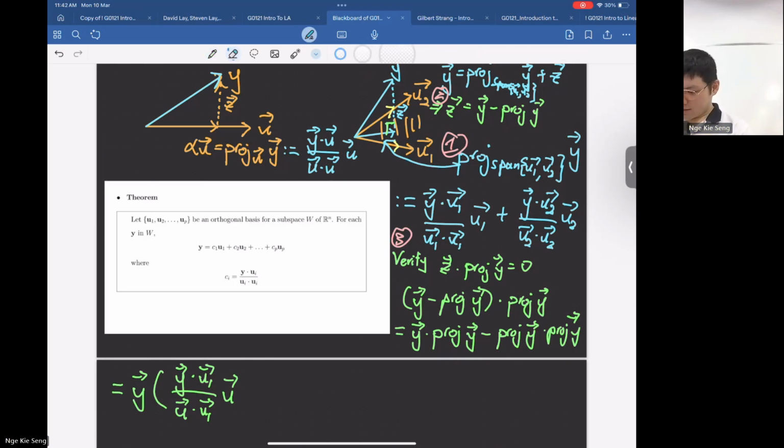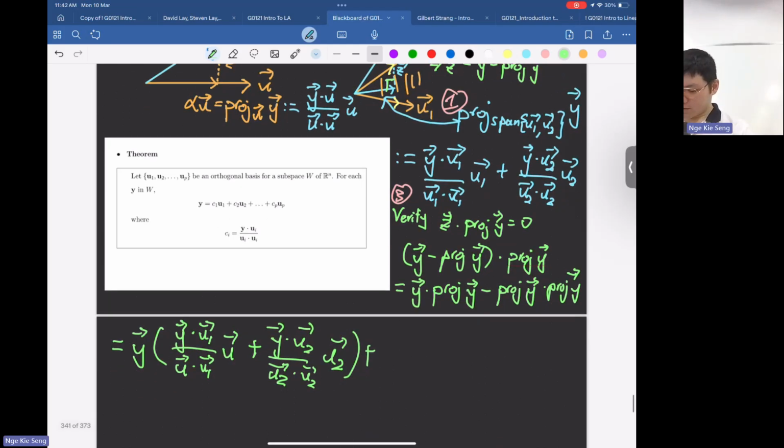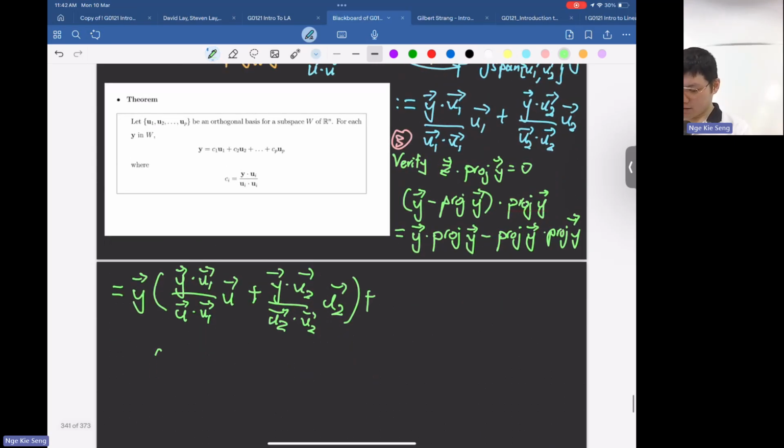So y dot proj y we have, plus proj y dot proj y. So we take two proj y dot together.